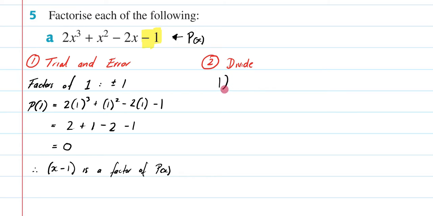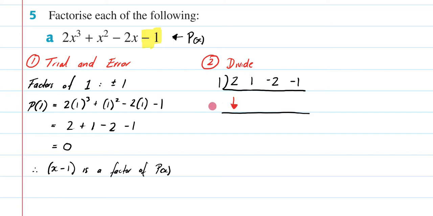I then am going to do an upside down division sign, and then put all my coefficients of p of x. So it's going to be 2, 1, negative 2, negative 1. Then I'm going to put another line here. Now, it's really easy. The first thing I do is I take this 2 and I bring it down. Oh, that's an ugly arrow, isn't it?